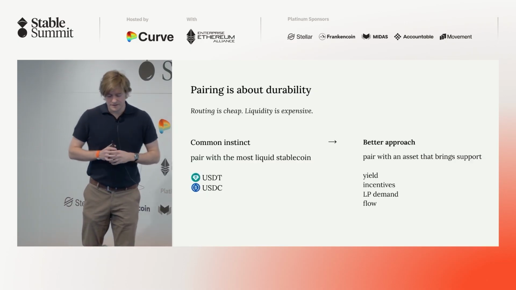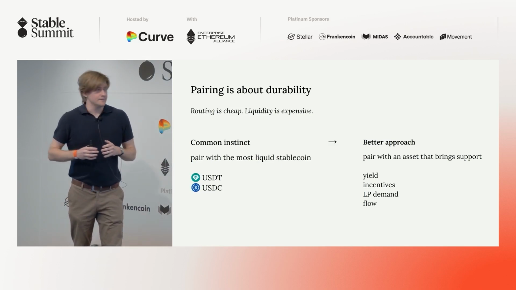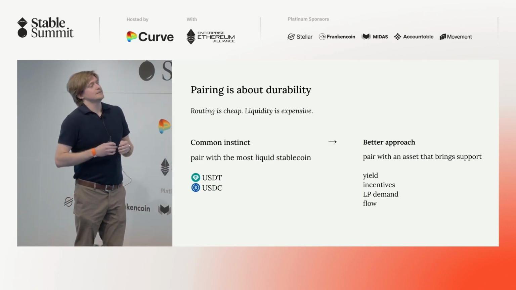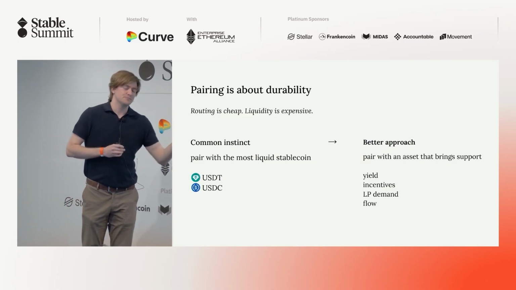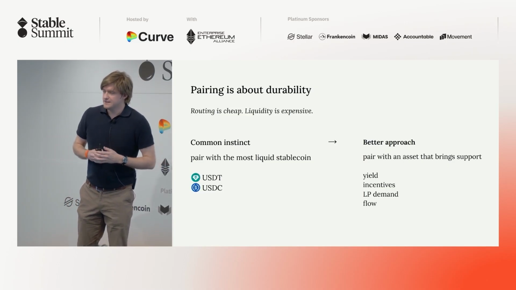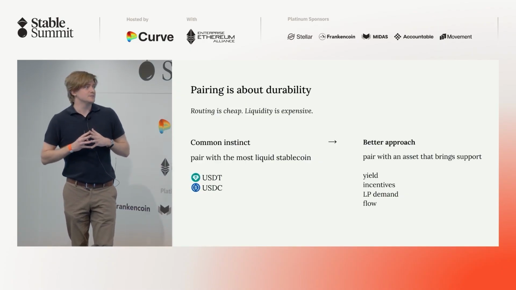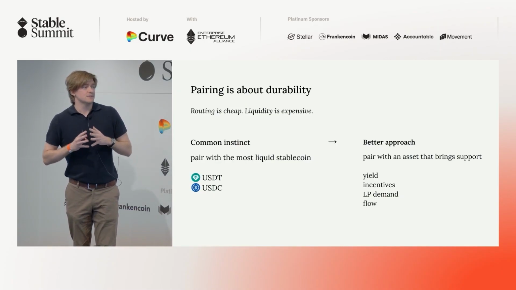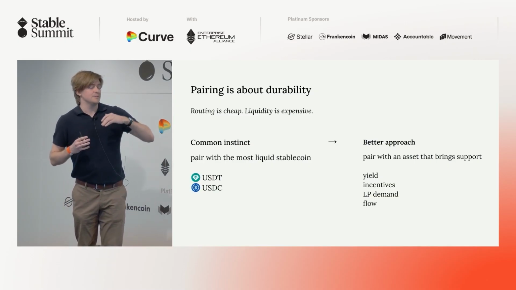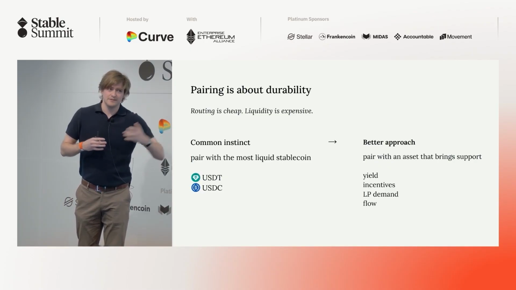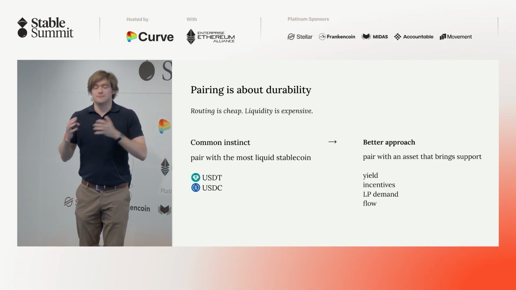And another thing about being able to pay off the cost of the TVL: a lot of issuers have this instinct, we should pair with the most liquid stablecoin, Tether or Circle, but the problem is that they will usually not provide co-incentives. So then you'll be the one covering that cost, and you'll basically be paying Circle or Tether to make their asset more liquid, and they might be your competitors.